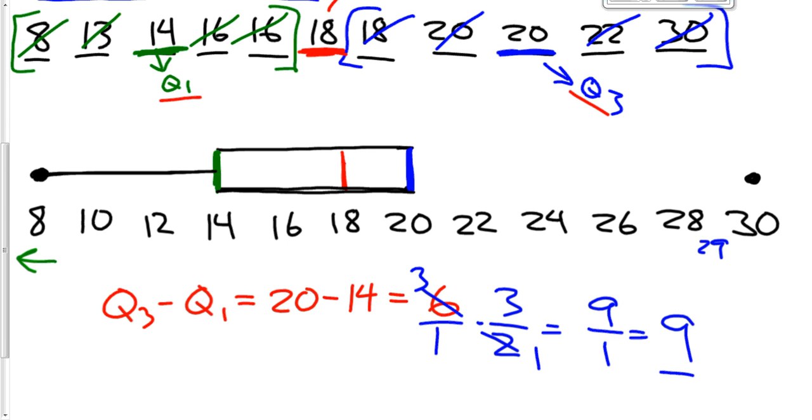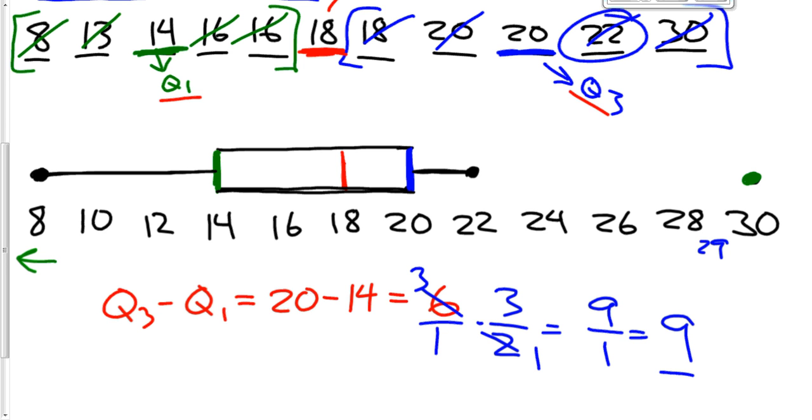We're going to go to the next closest number to the Q3, which is 22. Right here, and there we go. There's the official whisker, and 30 is still a part of our data set, except it's an outlier. It's a point that doesn't appear to belong with the rest of the data. And as you can see, it's pretty far to the right side.